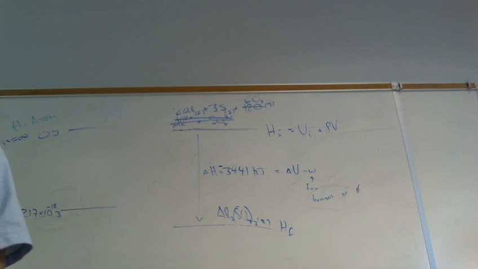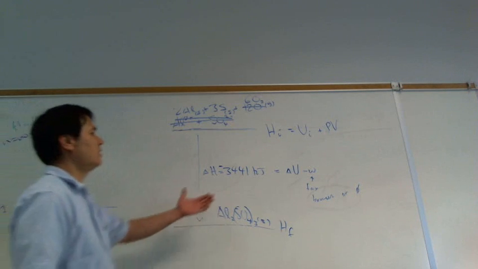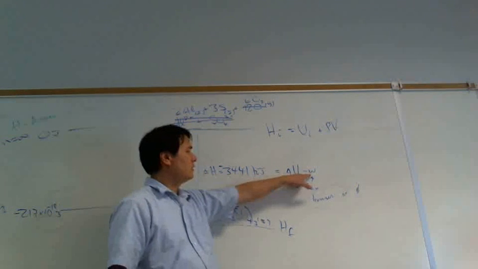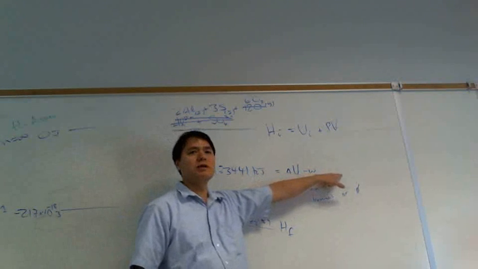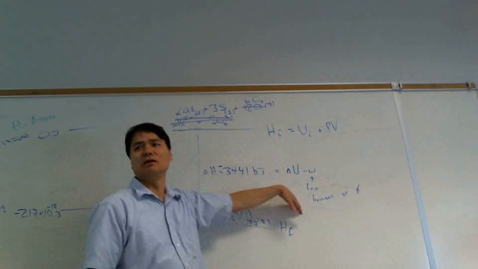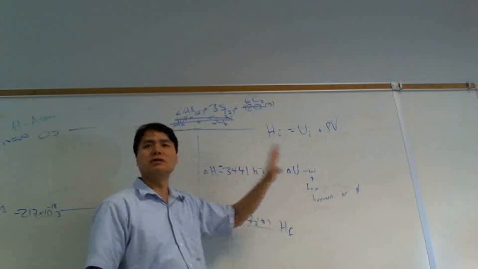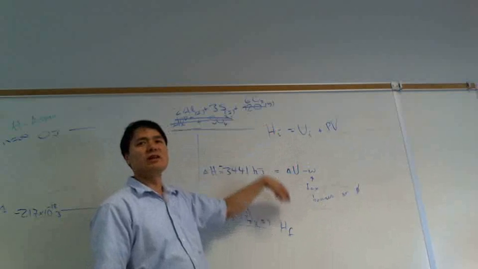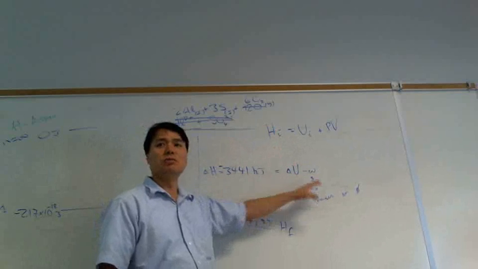No. In fact, instead of doing this, we're just adding more work terms here, and we're converting that potential energy change into work, straight into work. We aren't going potential energy change to heat to work.